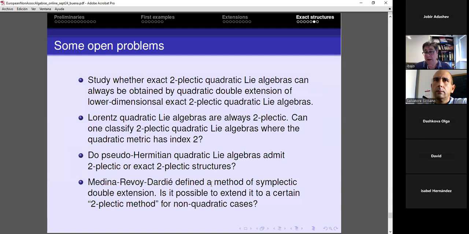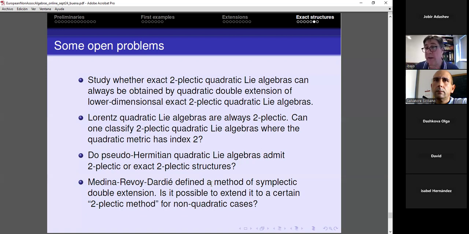Okay, so just in order to finish, let me pose some open problems. The first thing is that, obviously, we have constructed many two-plectic algebras by a quadratic double extension, but we know that not every two-plectic structure comes from a two-plectic Lie algebra in the middle. So maybe you have a quadratic Lie algebra which is two-plectic.